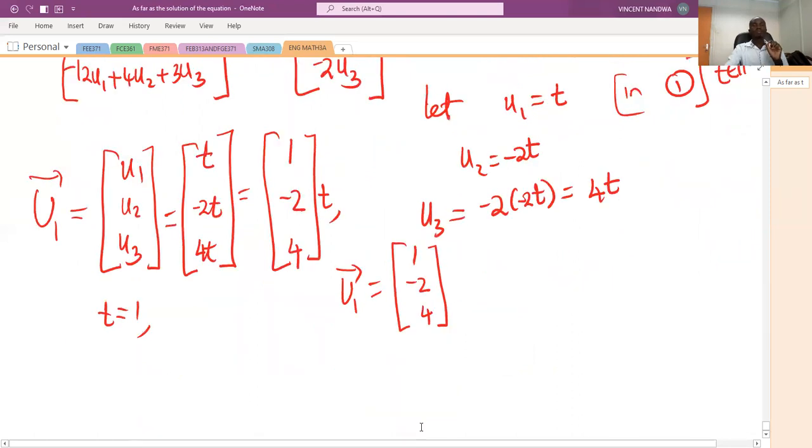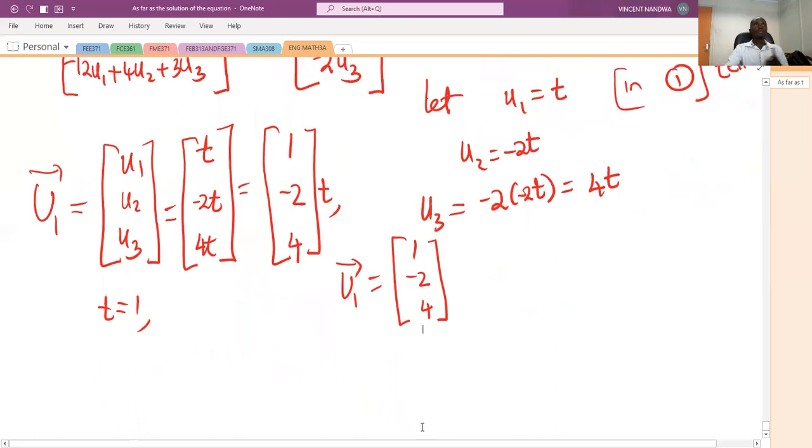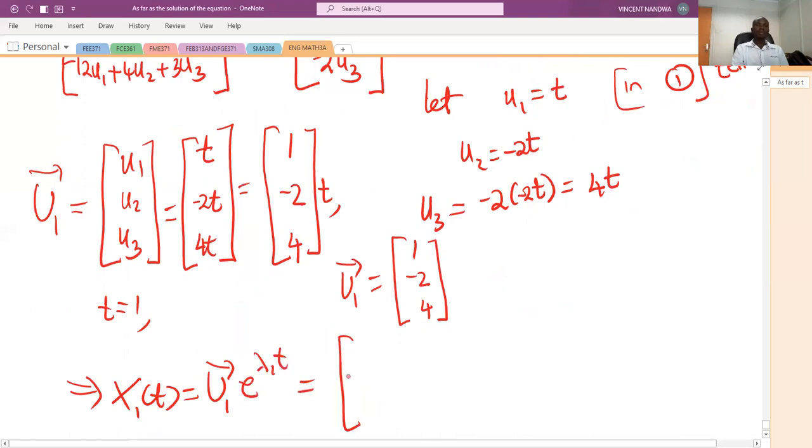Now, when you get the eigenvector, you get the corresponding solution. So this means x1 of t is u1 e raised power lambda 1 t, which is 1, minus 2, 4, e raised power minus 2t. So this is the solution for x1.